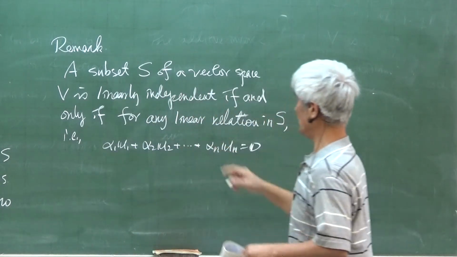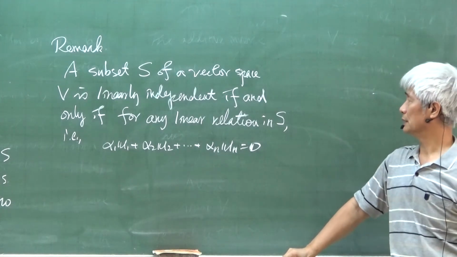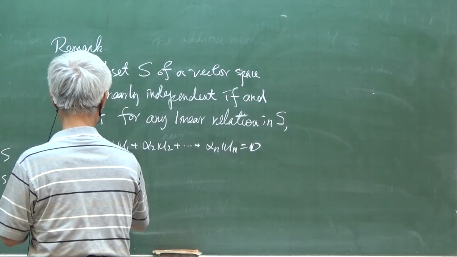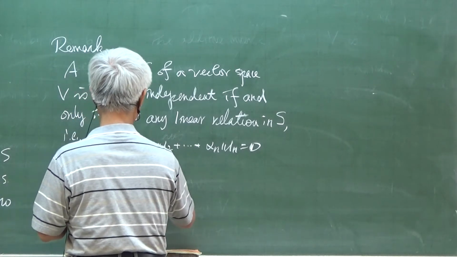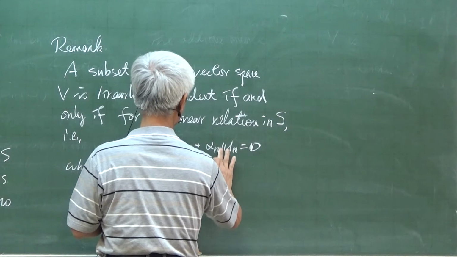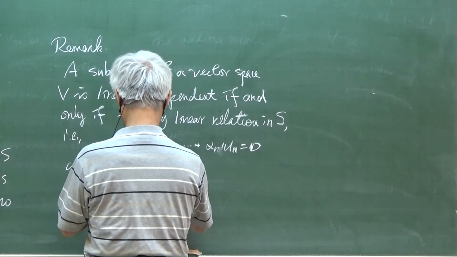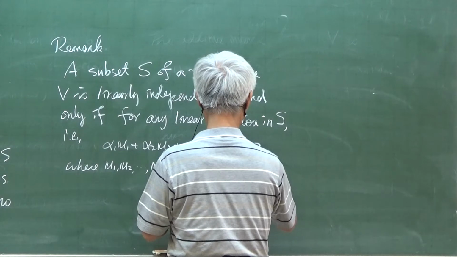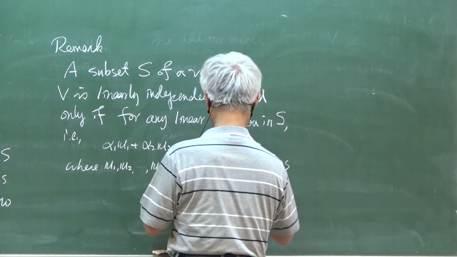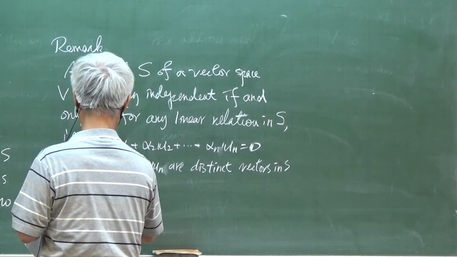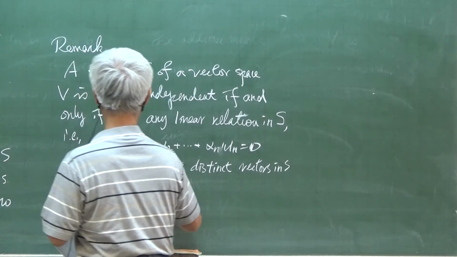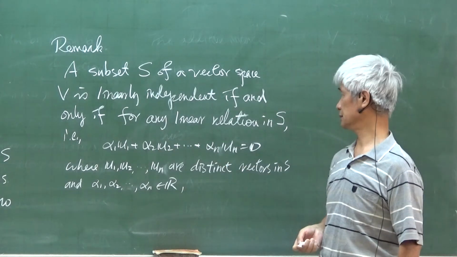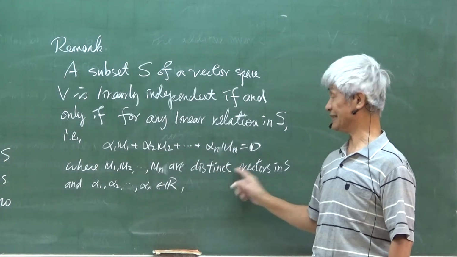so if we form any arbitrary linear relation where u1, u2, ..., un are distinct vectors in S, and the scalars alpha 1, alpha 2, up to alpha n.